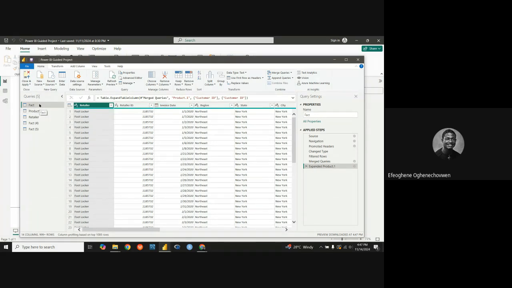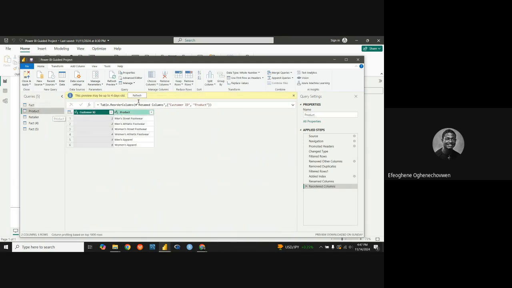And remember from the explanation I gave, the fact table contains metrics, contains numeric data, right? So where we left off was that we were trying to create dimension tables, right? And remember, I mentioned dimension tables help you describe your data, all right? So you can go back to the previous video and just pick up from where I stopped. So I think I'm done with the facts table.